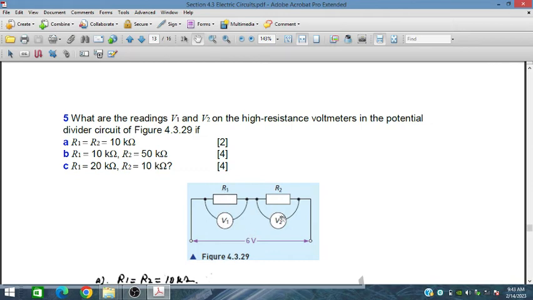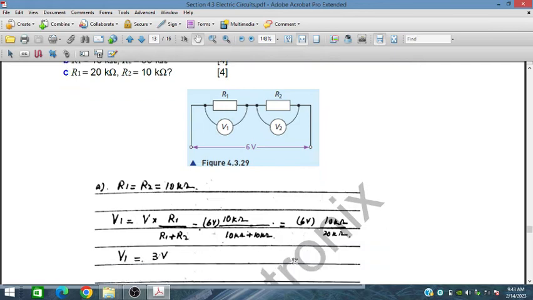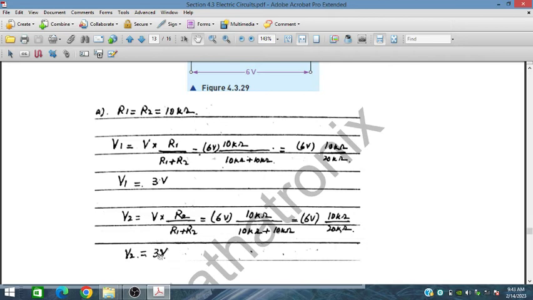So this is 3 volt, 3 volt. Here 6 volt is applied, and we have 10 and 10, which is 20 kilo ohms. Divide, so we have half, so 3 volt, and similarly this is also 3 volt.